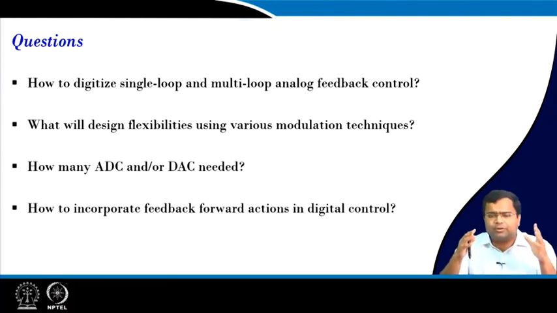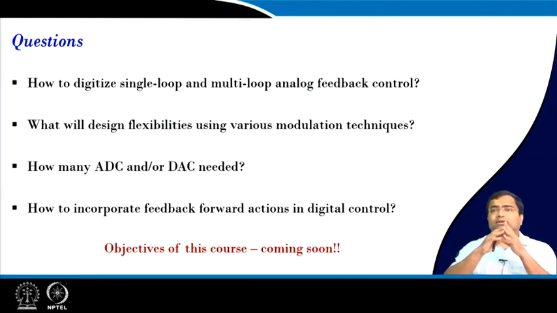How to incorporate feed forward action in digital control? These are some of the objectives of this course, and this will lead to various architecture development using digital control. Even for peak current mode control, you can have 3-4 types of architecture in digital from an implementation point of view. So you need to wait for this architecture exploration, which will be coming soon.